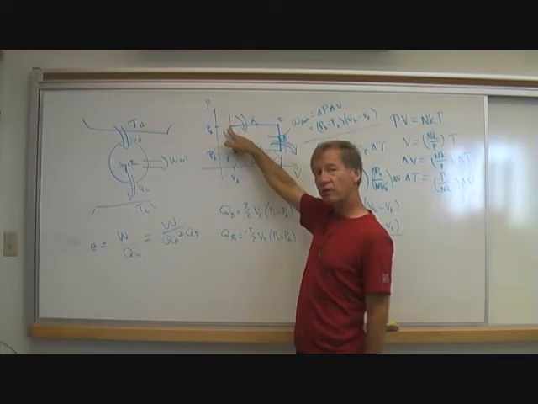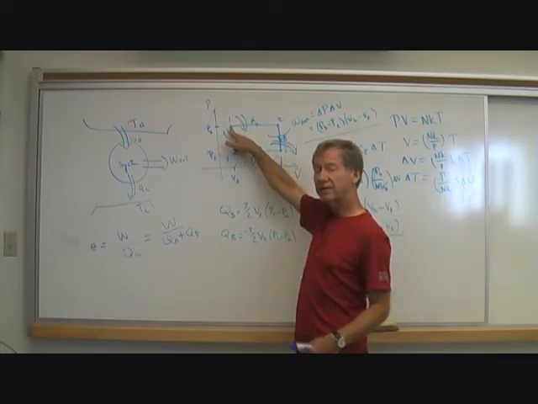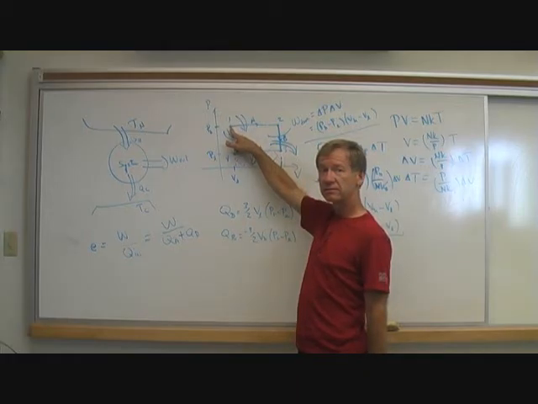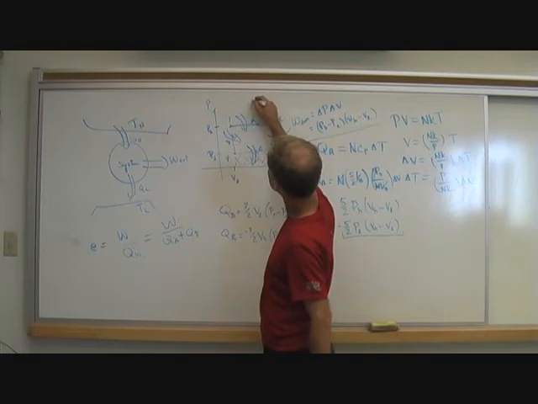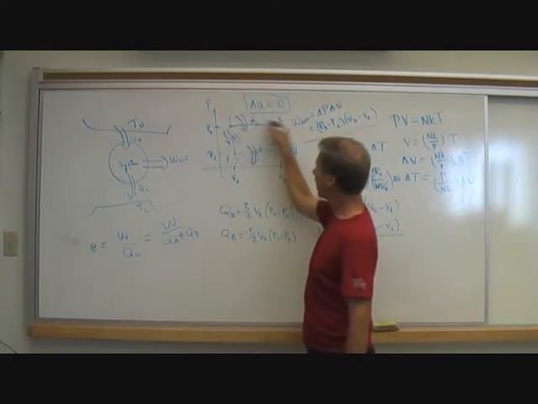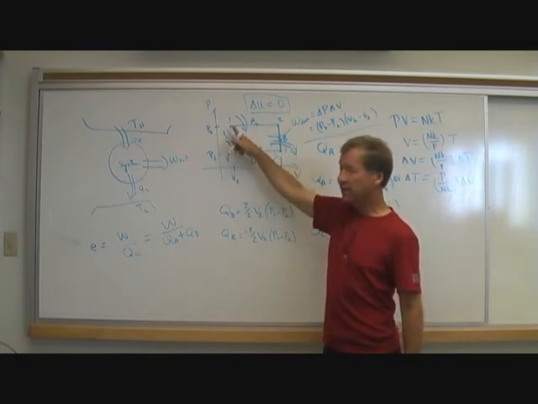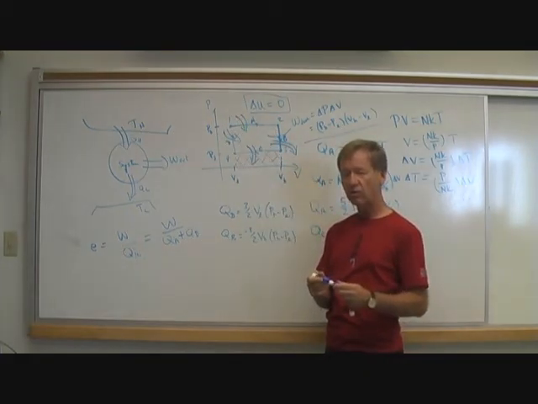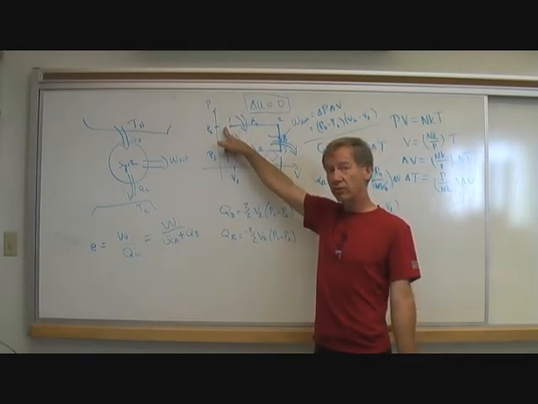Whatever the pressure, volume, and temperature were originally, that's what they are again. So that means that around the entire cycle, the internal energy of this gas hasn't changed. It changed along the way, but once we got back to the beginning of our cycle, it's back to where it was to start with.